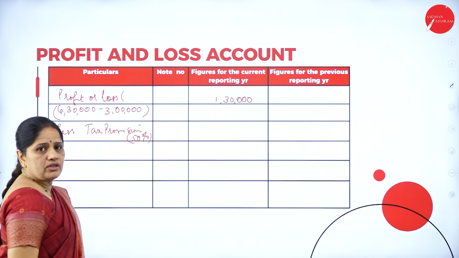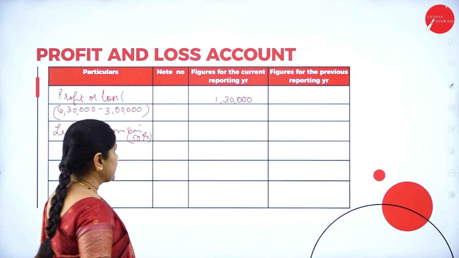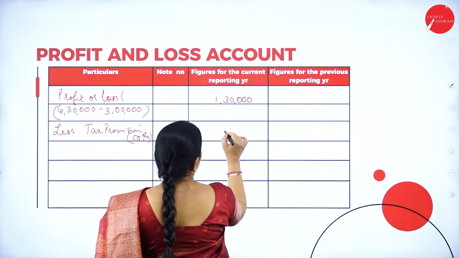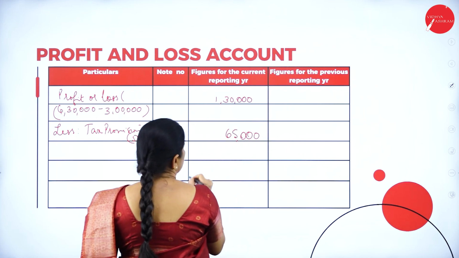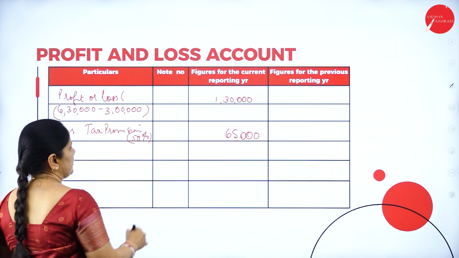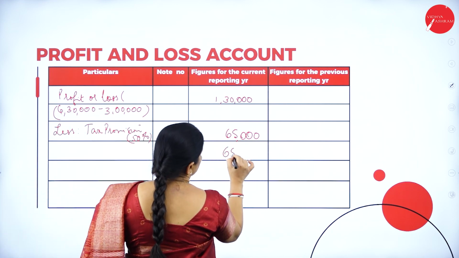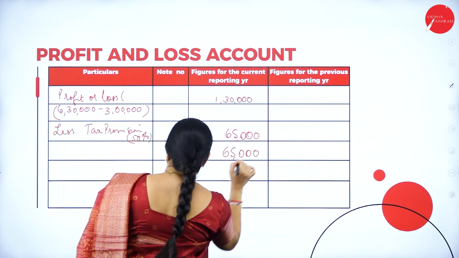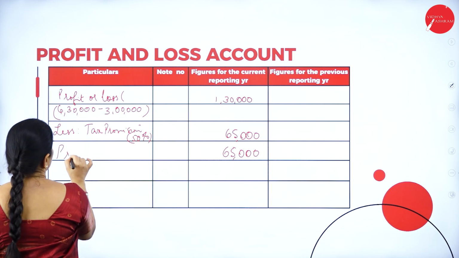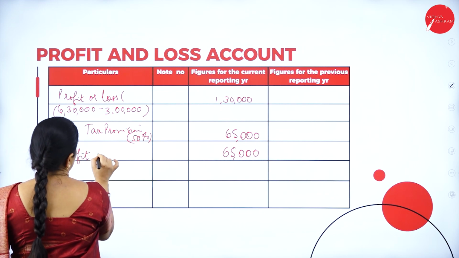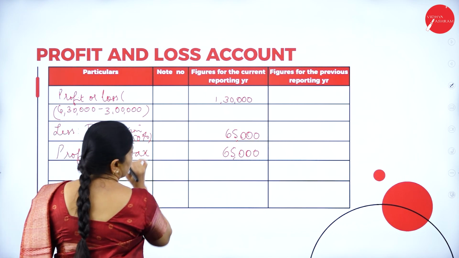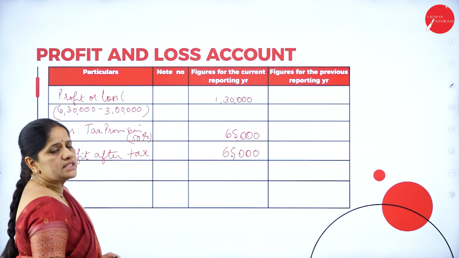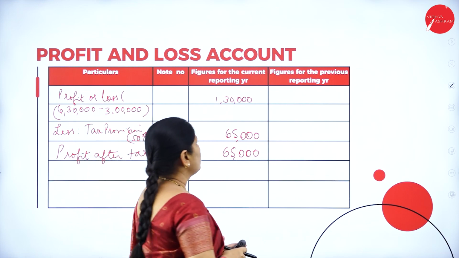So 50% of the profit will go as tax. So 50% of 1,30,000 will be 65,000. So the rest of the amount, 65,000, this will be the profit after tax. Or this is the profit which is available for the shareholders.